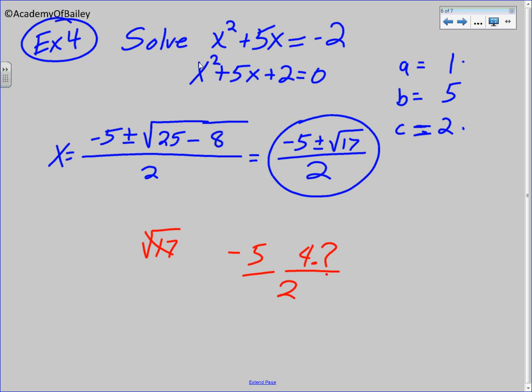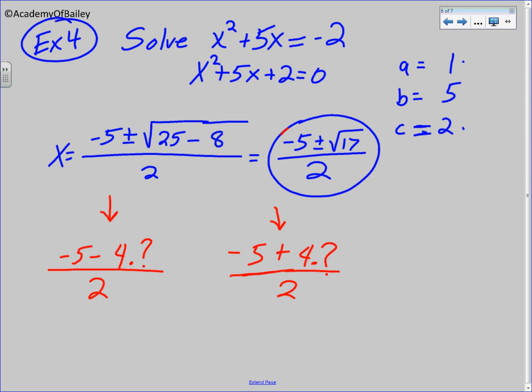One of your answers would say plus, and then your other answer would say minus. Okay, so here's solution number 1, solution number 2.